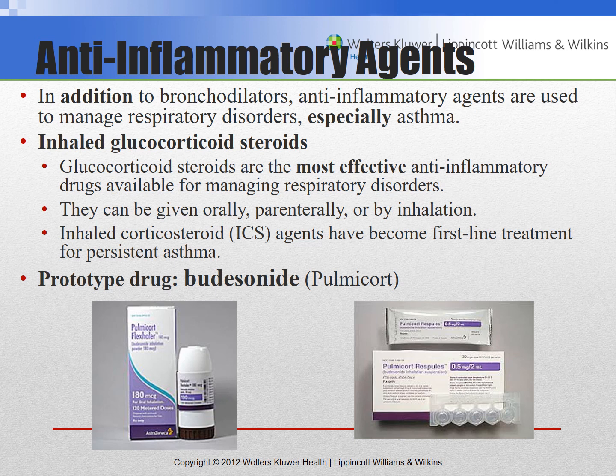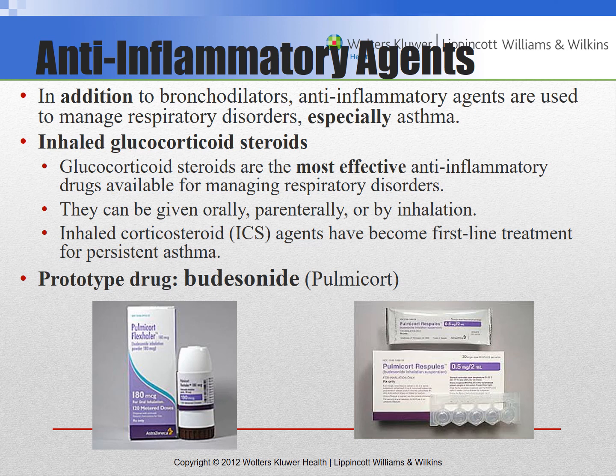Now, with that, let me just say that when it says glucocorticoid steroids are the most effective anti-inflammatory drugs available for respiratory disorders, that is 100% correct, because steroids do a fabulous job of controlling respiratory symptoms. However, what has happened in the past is that by patients taking steroids, like an oral dose of steroids, you get all the systemic effects.